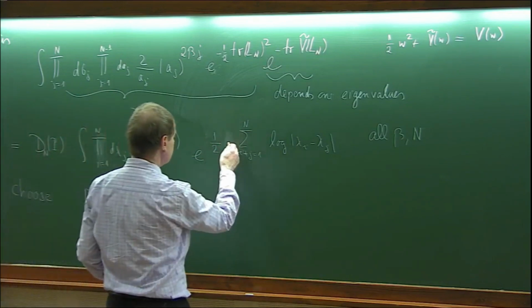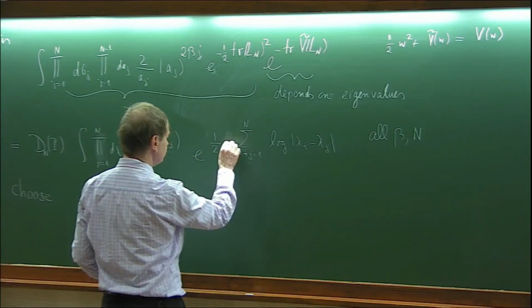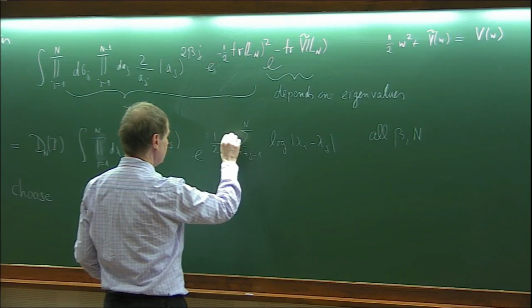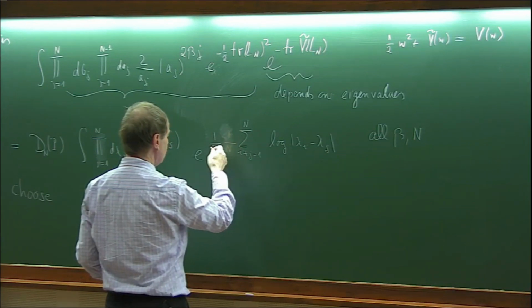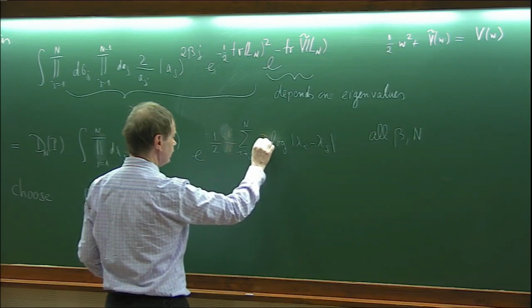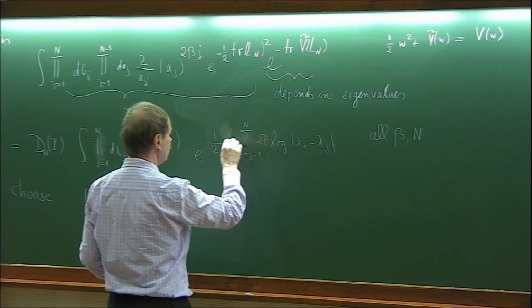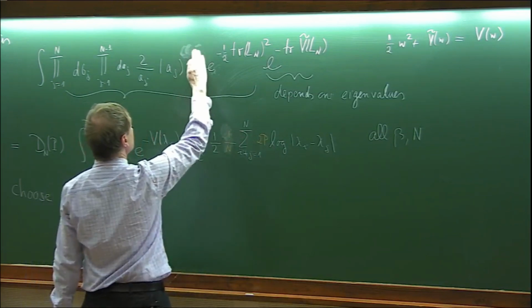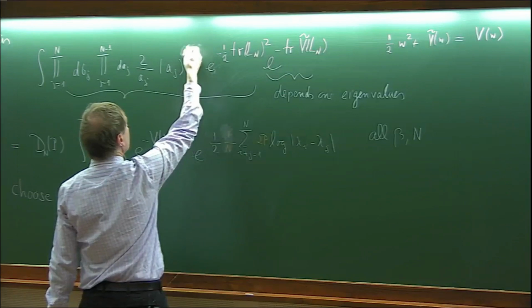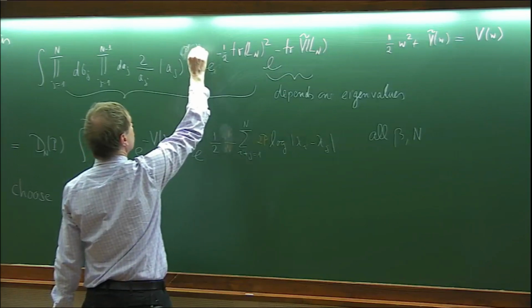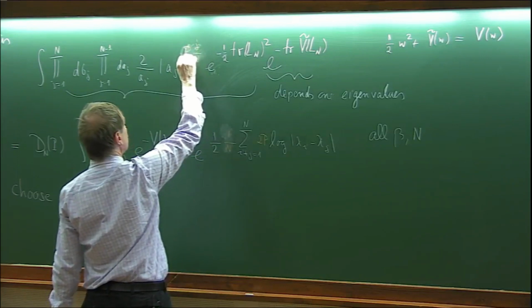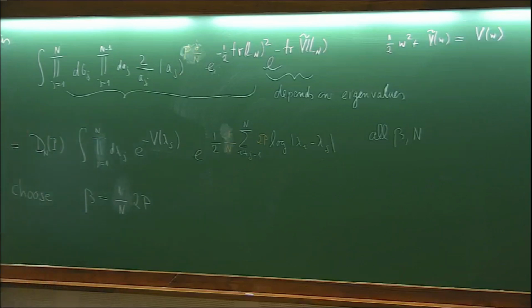So I put here 1 over n, and I put the 2p in here. This I'm certainly allowed to do because it's true for any beta, right?